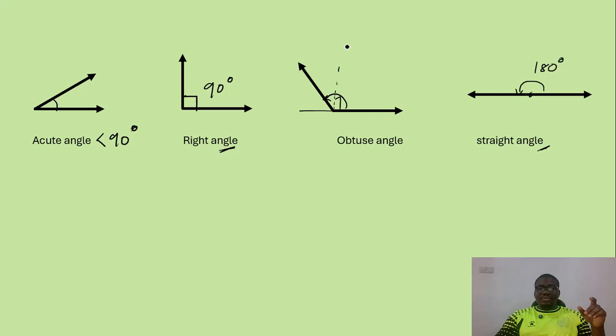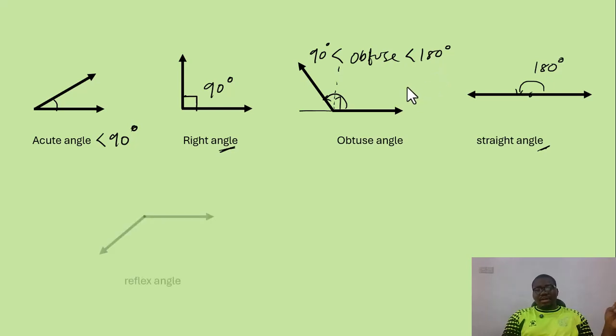If you have anything from maybe 90.1 or 91, 92 up to like 179 point something, we can say obtuse. If this is 90 degrees, obtuse is greater than that. So 90 degrees is less than obtuse, and obtuse is less than 180 degrees.